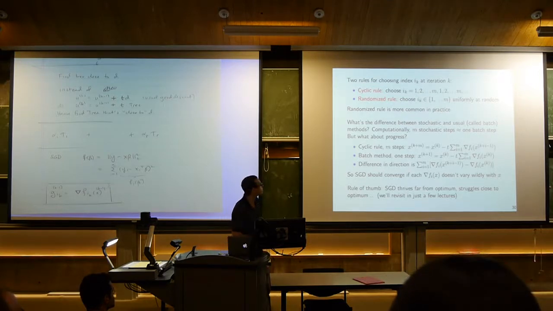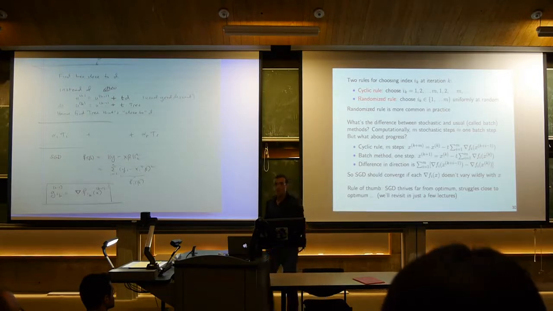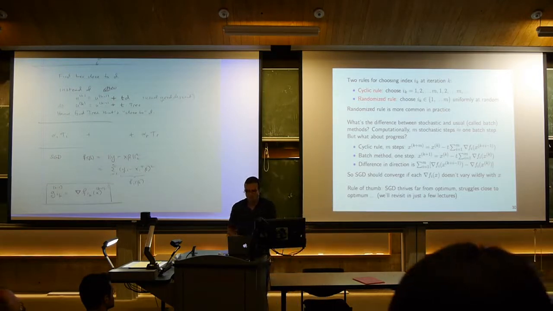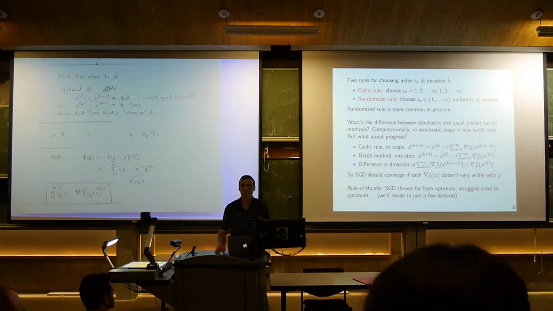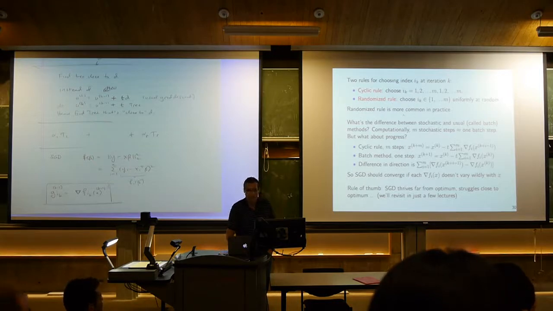And so people tend to like the randomized rule because it has stronger theory associated with it. Plus, I think in practice it's just a good idea to incorporate this kind of variability to smooth out over worst cases that you might expect.